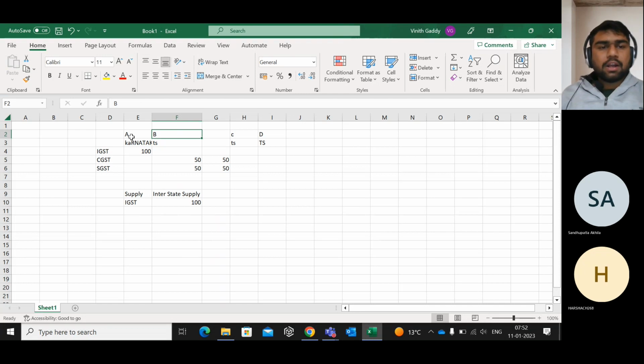IGST header. Now, what B is doing, B is selling some products to C, B is selling some products to D. Three are in same states. Let us assume that C and D are also registered persons.